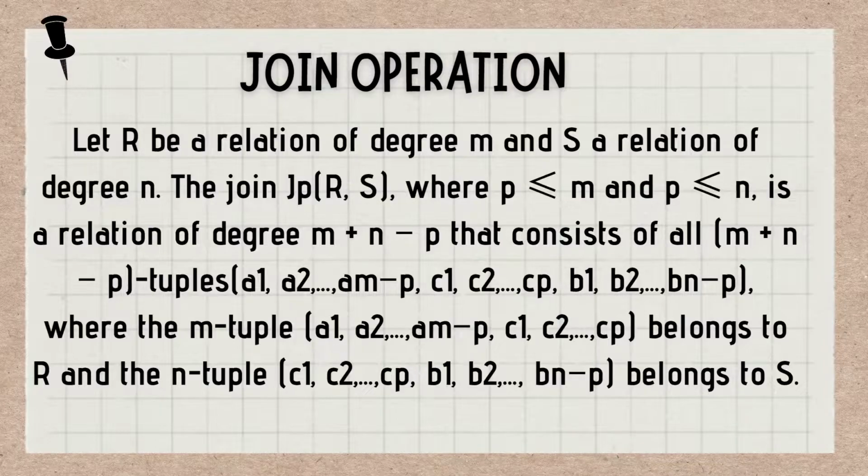Now let's see what is the join operation. Let R be a relation of degree m and S a relation of degree n.